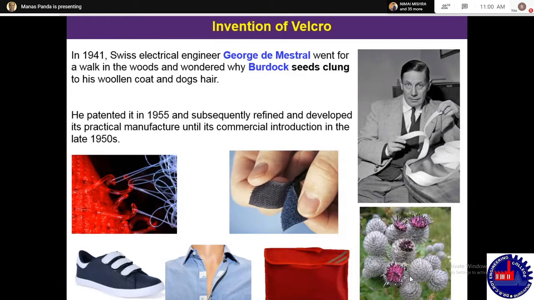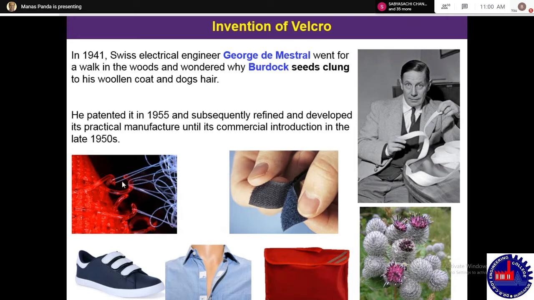It's really strong adhesion. But there was no kind of liquid adhesion, it's just a physical adhesion. So he was really wondered, and he started investigating. And what he found was that there are small spikes on the surface. These spikes attach to the surface of the woolen or even jacket surface.